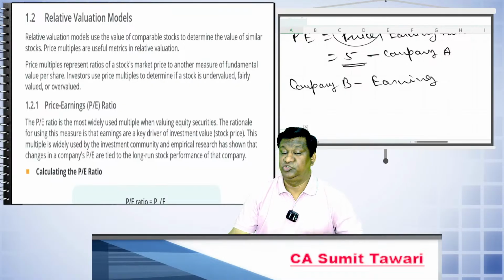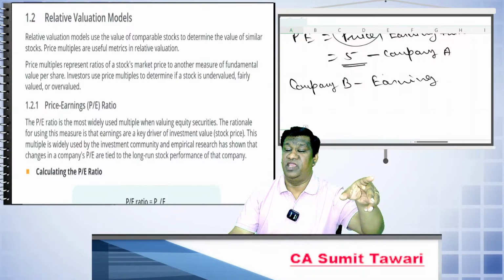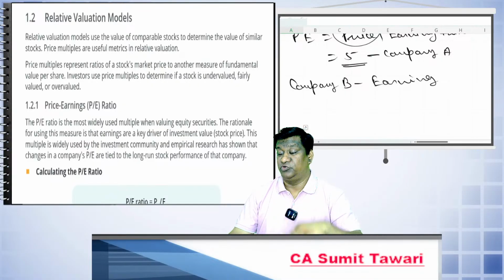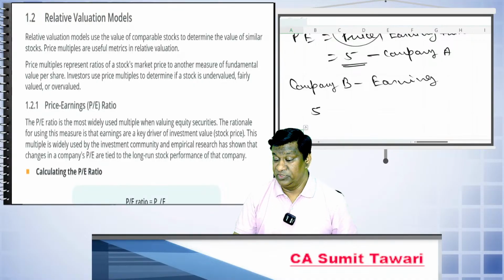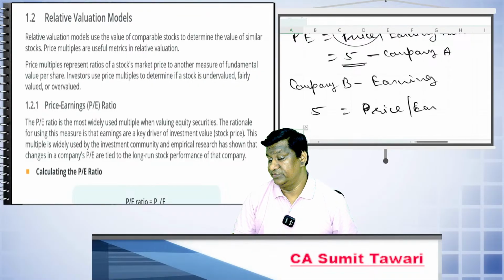Means they assume if the PE ratio of company A is 5, the PE ratio of company B is also 5. So it is price divided by earning equals 5.